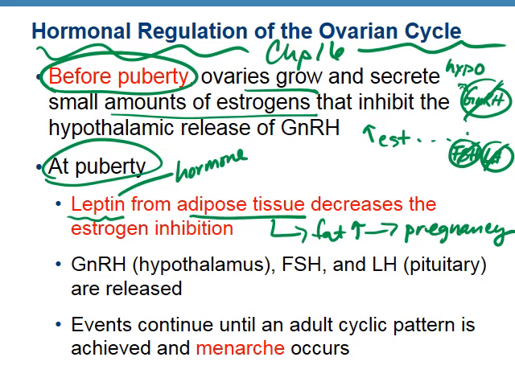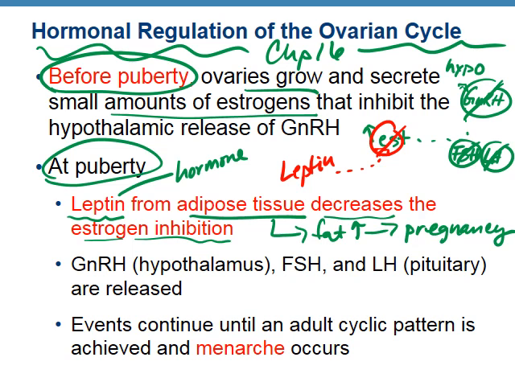But basically, you need enough fat in order to carry and develop a child during pregnancy. So if you have enough leptin, this hormone decreases the estrogen inhibition. So I'm going to use a different color. So here comes leptin. Leptin comes over here to this estrogen, and it basically decreases estrogen's ability to inhibit.